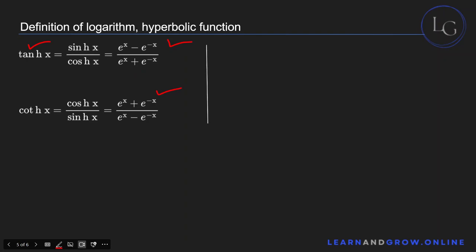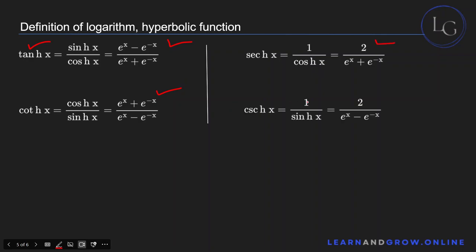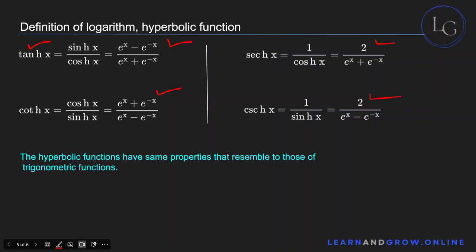Then you have secant hyperbolic of x, which is just the reciprocal of the cosine hyperbolic of x, and you get this. And cosecant hyperbolic of x is just the reciprocal of sine hyperbolic of x, and you get this. Simple, really. You can see that the hyperbolic functions have properties that resemble those of the trigonometric functions. I think we've established that fairly well over here.